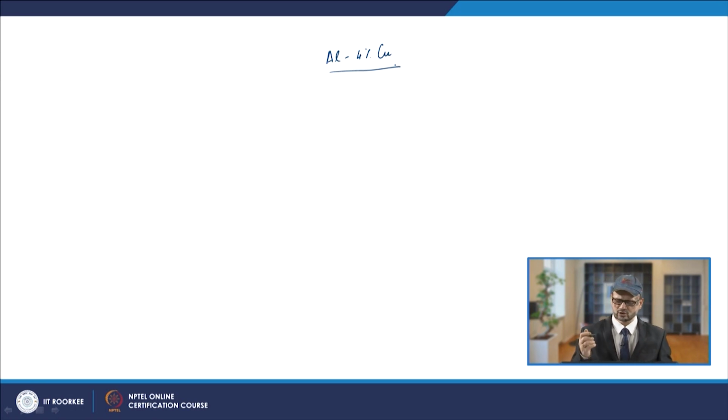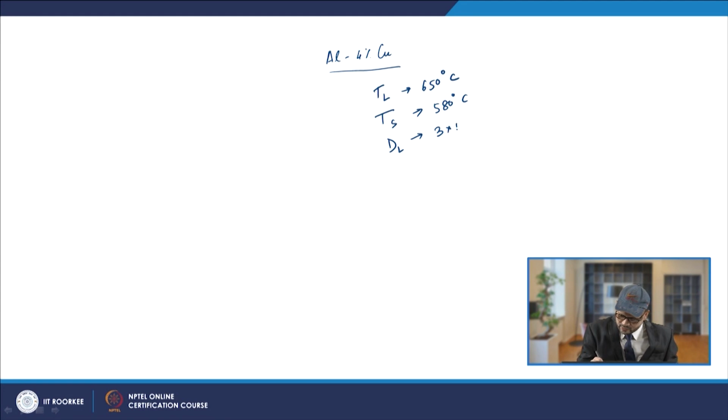If you take aluminum 4% copper, TL is say 650 degree centigrade, TS is say 580 degree centigrade, and DL, the diffusion coefficient in the liquid, is say 3 into 10 raised to the power minus 5 centimeter square per second.